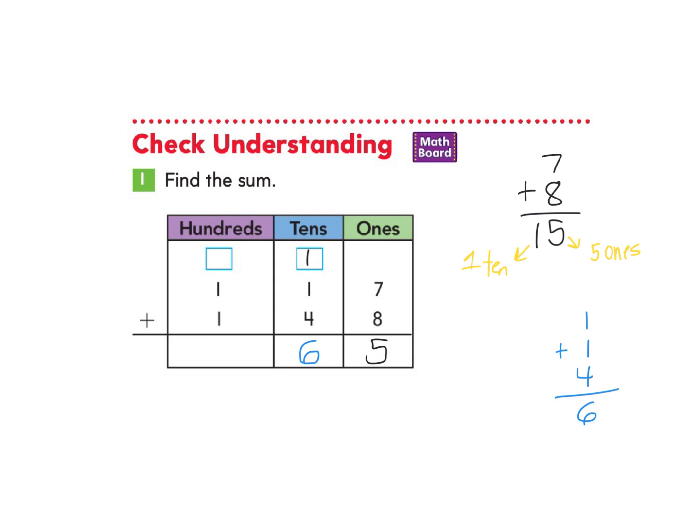Then we will look to the hundreds column and add 1 group of 100 plus 1 group of 100. And 1 plus 1 makes 2. So we have solved our equation. Our answer is 265. Great work. If you would like to go back and rewatch this video, you may do so, and you can pause anytime as needed.